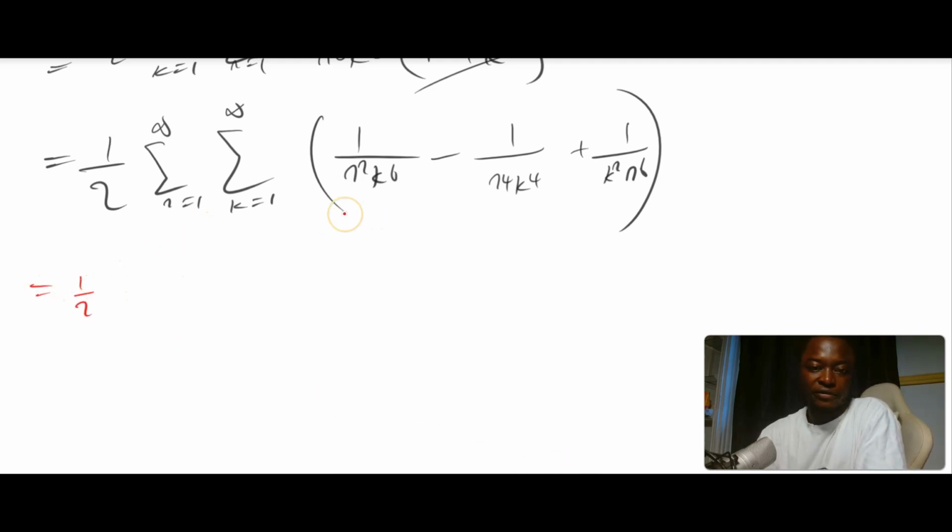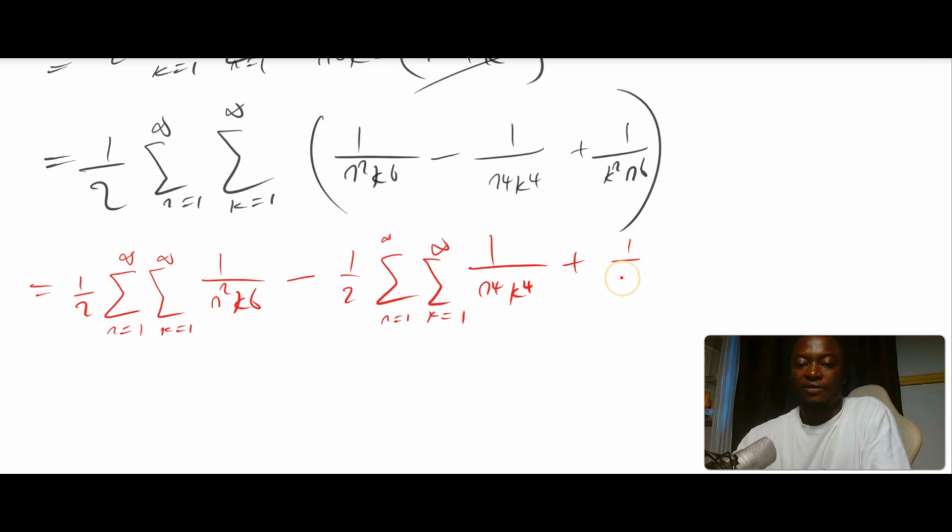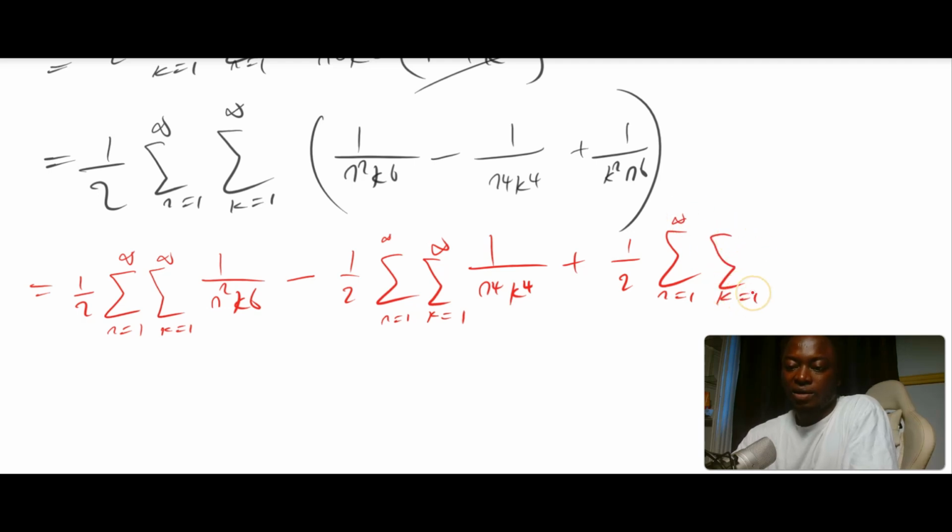So first of all, in this first case, you have the double sum as n runs from 1 to infinity, k runs from 1 to infinity of 1 over n squared k to the 6th, minus half times the double sum as n runs from 1 to infinity, k runs from 1 to infinity of 1 over n to the 4th k to the 4th, and then plus half times the double sum as n runs from 1 to infinity, k runs from 1 to infinity of 1 over k squared n to the 6th power.